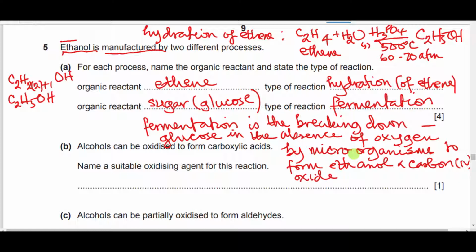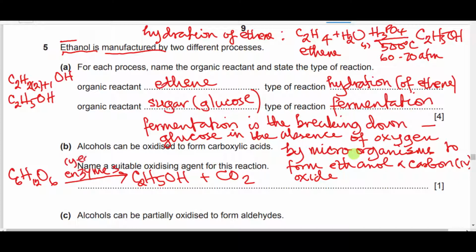And what's the equation of reaction? That's glucose, C6H12O6, in the presence of enzymes or yeast, most times it can be yeast, to give us 2 ethanol and 2 CO2. Is the equation balanced? 2 there and 2 here. So that is the equation for fermentation.